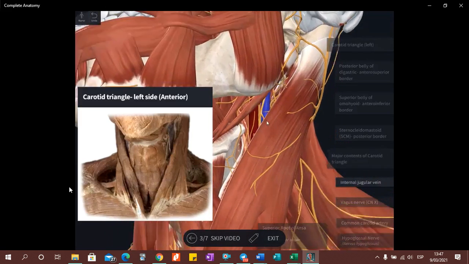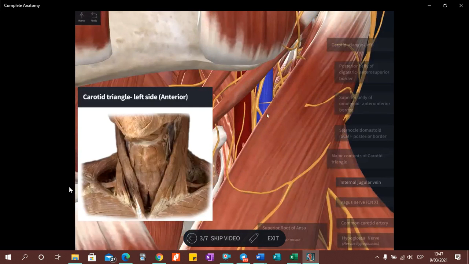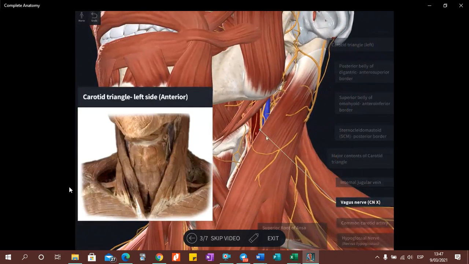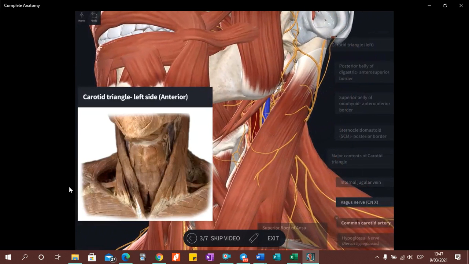Your internal jugular vein, also abbreviated as IJV, you'll find the vagus nerve and the common carotid artery, and then if you follow the common carotid artery superiorly, of course also the internal and external carotid arteries and the branches of the external carotid artery.